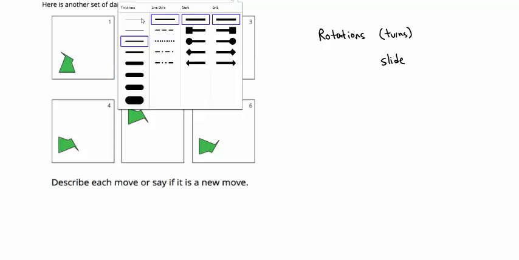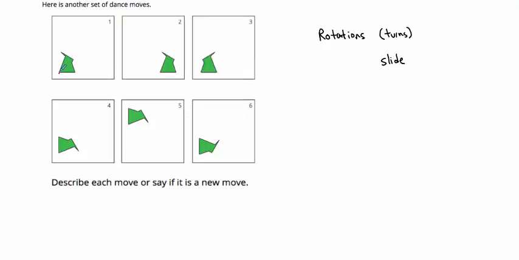So my original, I'm just going to trace it real quick. To get from card number 1 to card number 2, that slides, right? It just slides to the right. And then from card number 2 to card number 3, well, it doesn't slide.